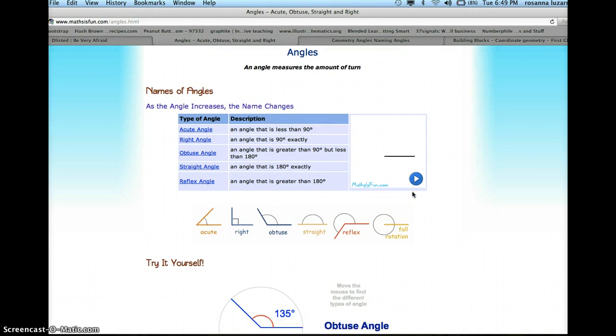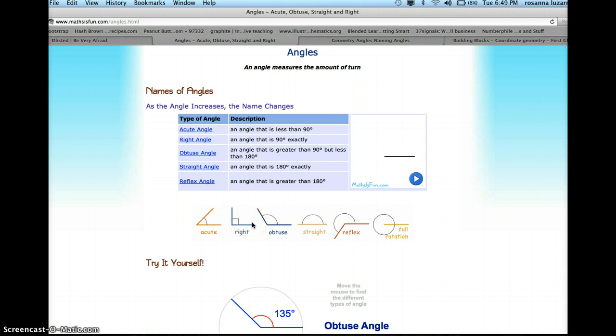Looking at different types of angles here in your table, an acute angle is an angle less than 90 degrees. Here is your example of an acute, a small one. From this ray to this ray, it's less than 90, so it's an acute angle. There's only one kind of right angle.